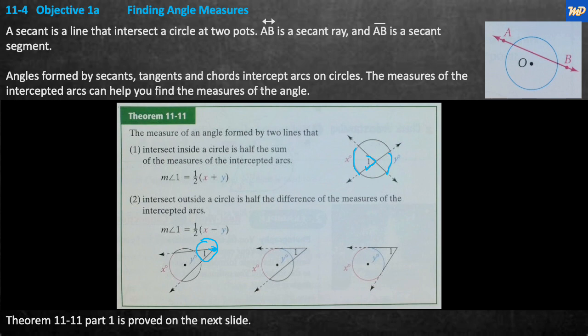When they intersect outside the circle and cut across the circle in two spots, as you see here, then angle 1 is half of X, the outer arc, minus Y, the inner arc. Half of X minus Y. So if X is 100 and Y is 50, then this angle is half of 50, which would be 25. So it's very interesting. Okay, moving on.